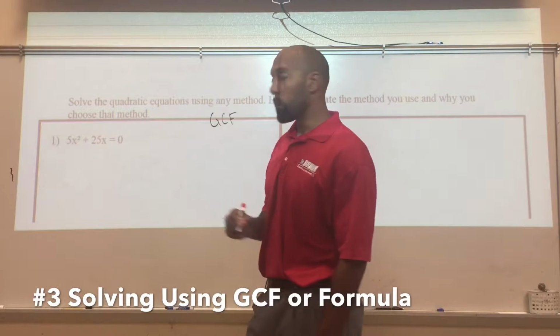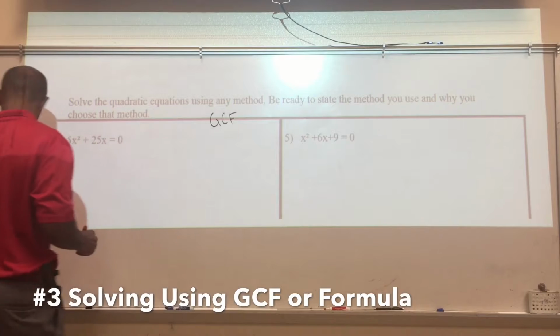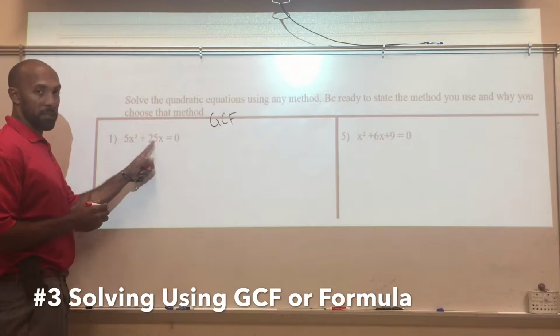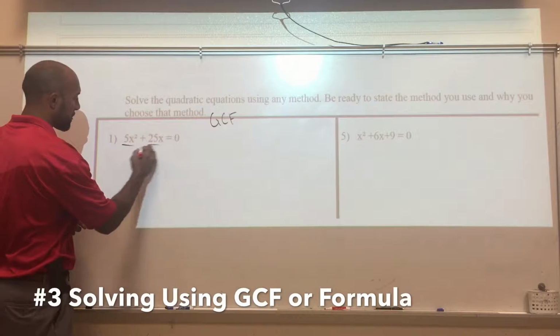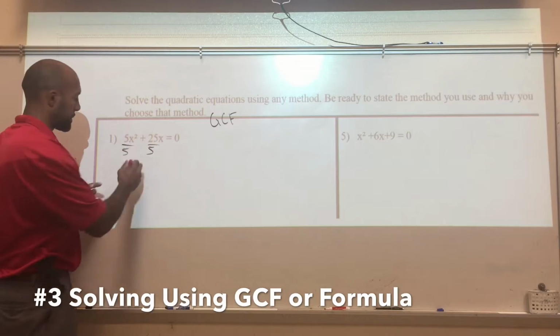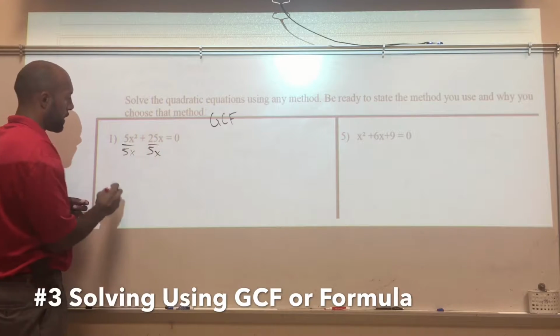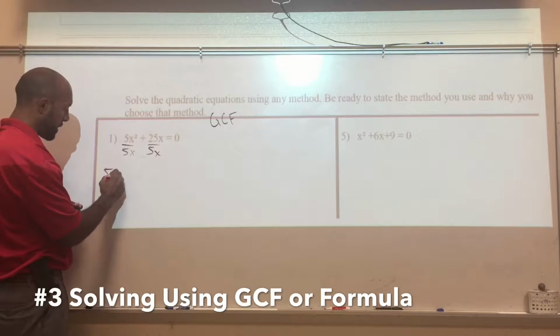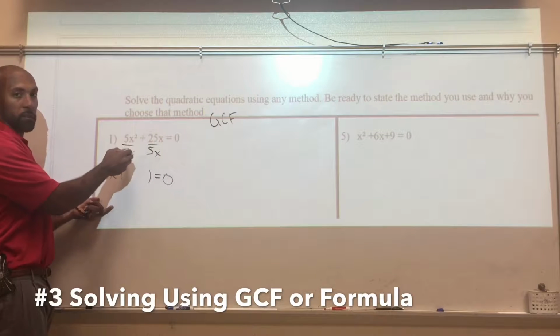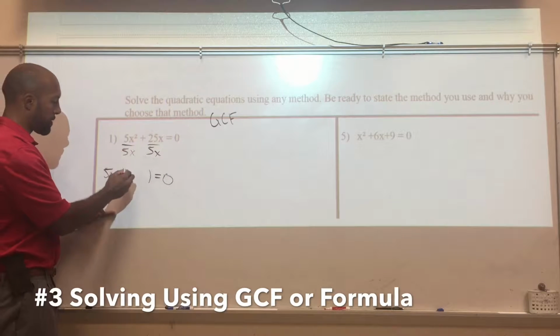So to do GCF, move this over a little bit. I'm going to find the biggest number I can divide into these two, which is 5. But then also, they share an x in common, so I'm going to divide x. Remember that goes to the front of parentheses. And now I'm going to divide 5x over x. 5 divided by 5, 1.